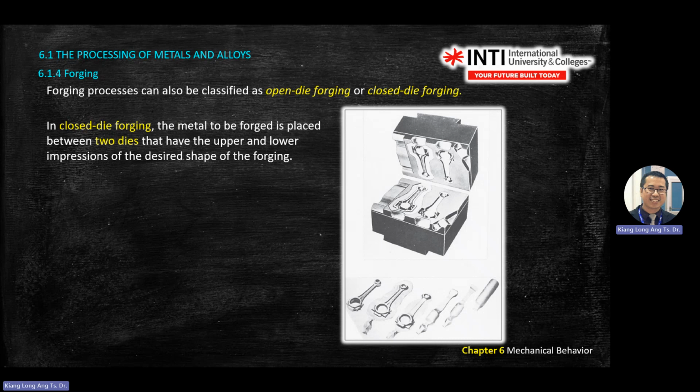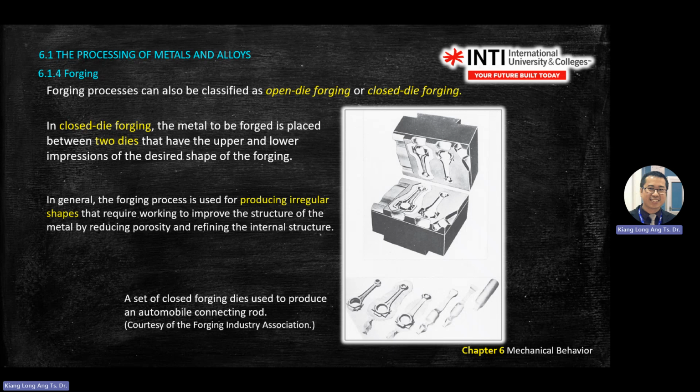Forging will be like casting, but casting is without force. You're not pressing the things, you just pour and let it cool down. Forging, you press the things, like pressing soft things.